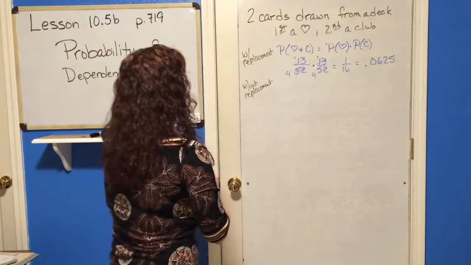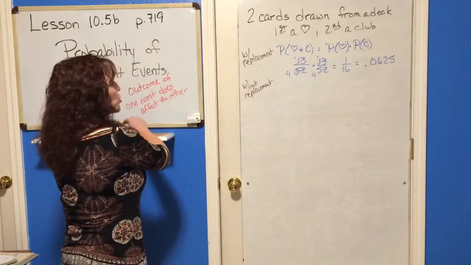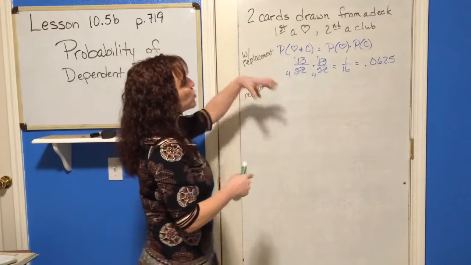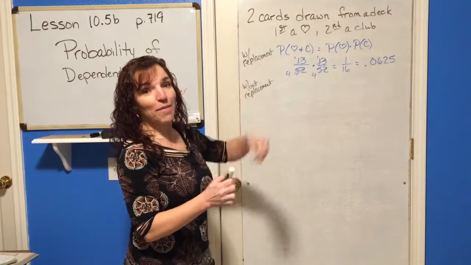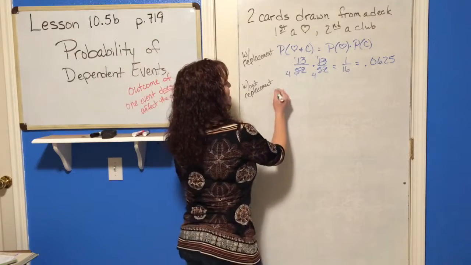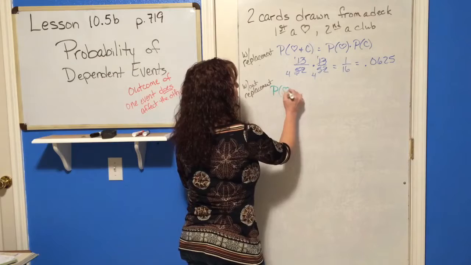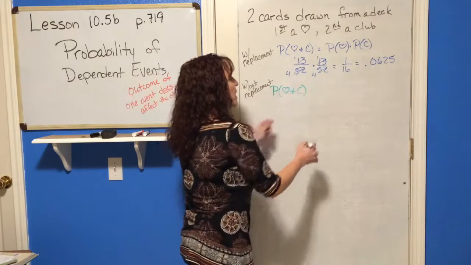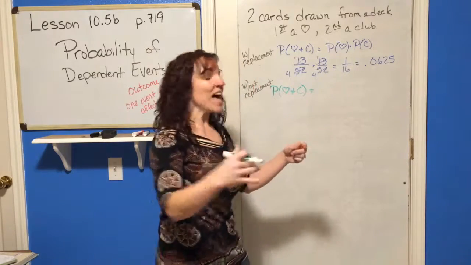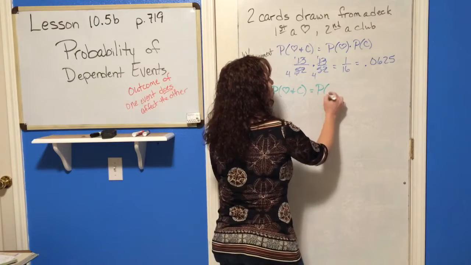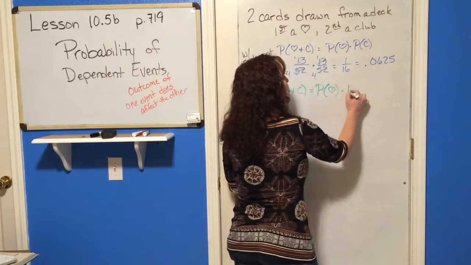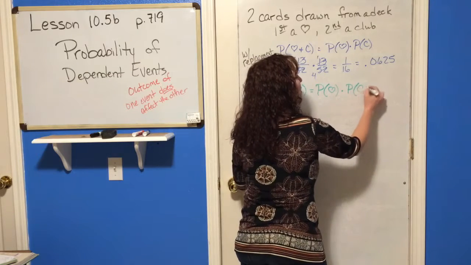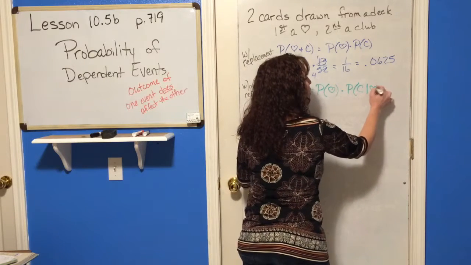Now, what if you want to know the probability that you'll draw a heart first and then a club, but you don't put that heart back in? In this case, the way you represent the probability that you draw a heart and a club is: you take the probability that you draw a heart times the probability that you draw a club given that you've already drawn a heart.